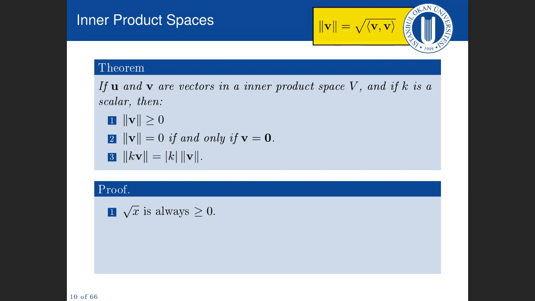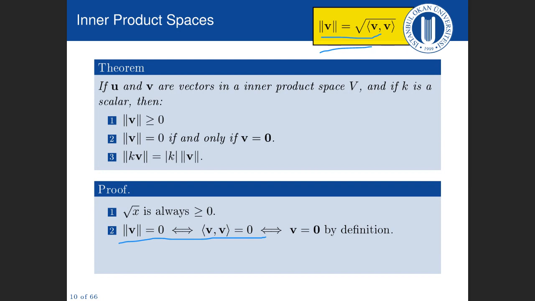I'm going to give a partial proof. I'm not going to do all the details. Why is number 1 true? Norm means square root of the inner product of v with v. Inner product of v with v is always a non-negative number. Take the square root of a non-negative number, we always get a non-negative number. So that's the proof of 1. Proof of 2, again, using the formula in the yellow box.